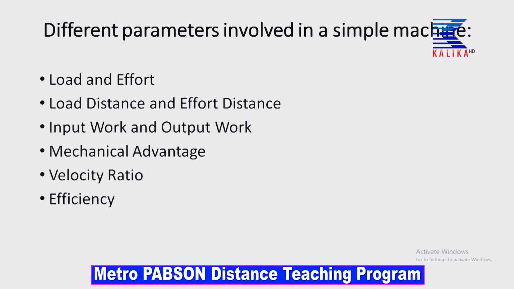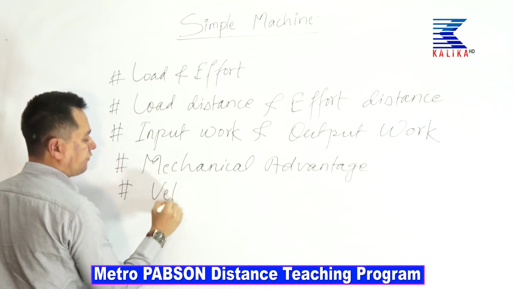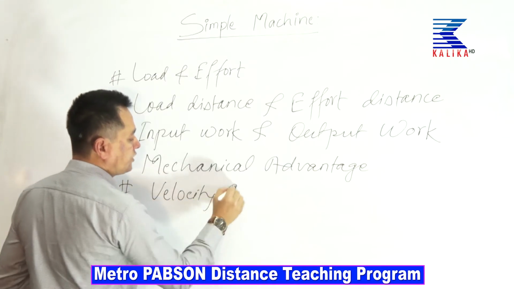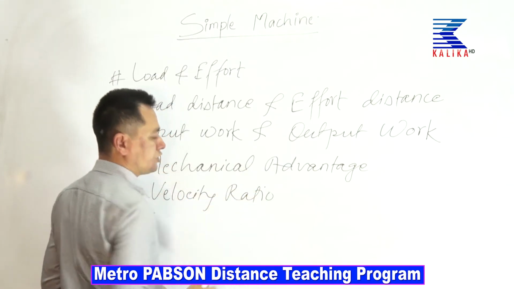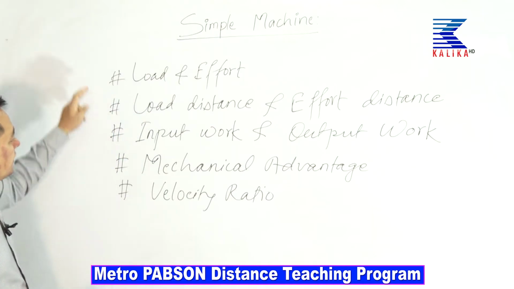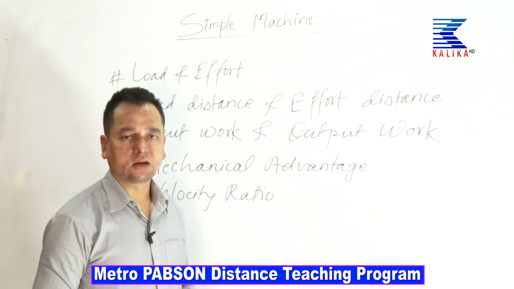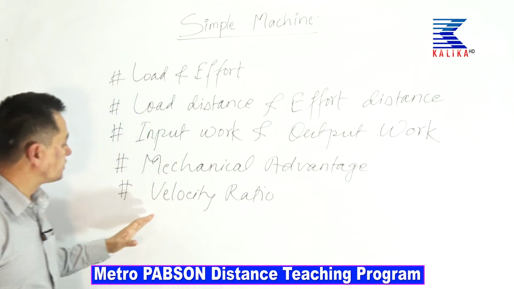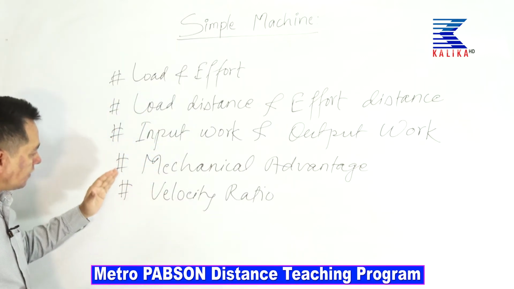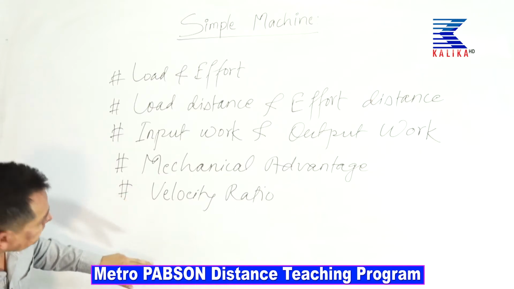Similarly, we tried to understand what mechanical advantage is in a simple machine and what velocity ratio is in a simple machine. So these were the parameters we discussed in our last class, and in today's class we will continue.